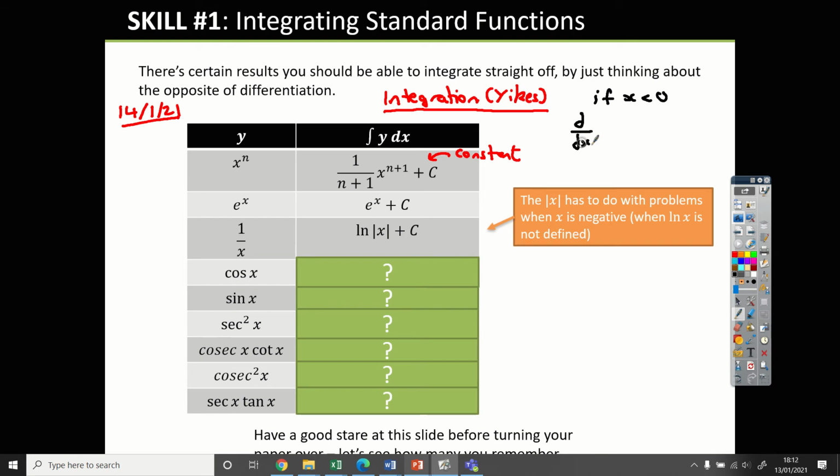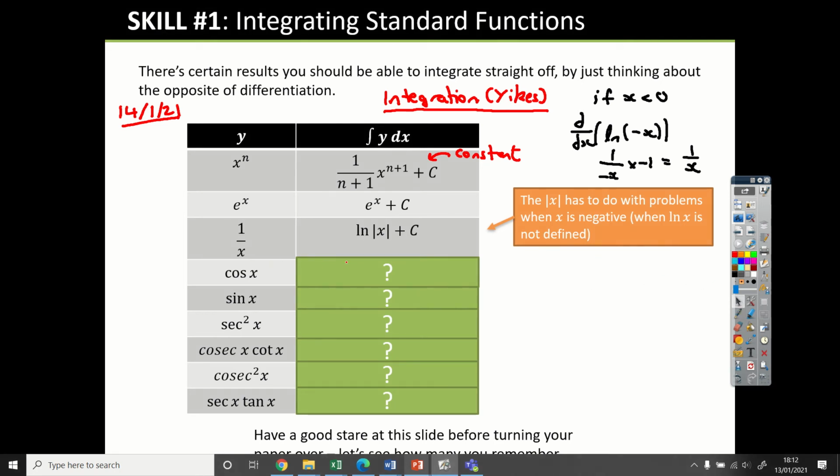So d by dx of ln of minus x, where x is negative, makes this into a positive number, but then differentiating it with the chain rule gives you 1 over minus x, and then the inner derivative is minus 1, which cancels the minuses together, making it into 1 over x again. Okay, so that deals with both of those cases and stops this problem of x being negative.